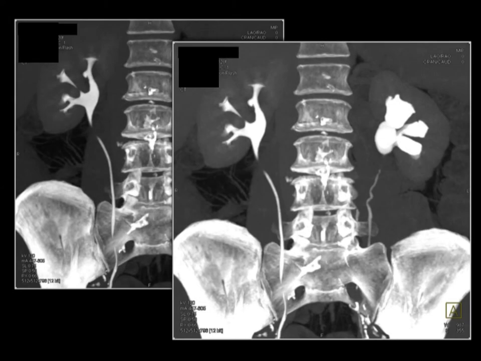Now when you look at the patient's excretory phase imaging, you see that the proximal ureter is noted to be thickened, and you look at the images and say, well, on the 3D, maybe this is thickening, maybe it's just a UPJ, maybe there's no tumor present here. But if you look carefully at the 3D images, you say, okay, dilated pelvis, dilated calyceal systems, I really worry about this, and I worry about the ureter.